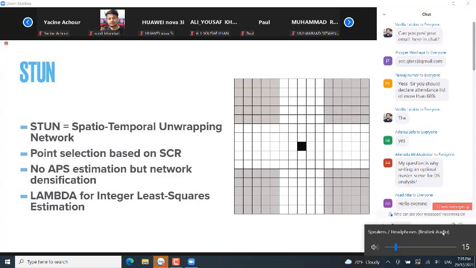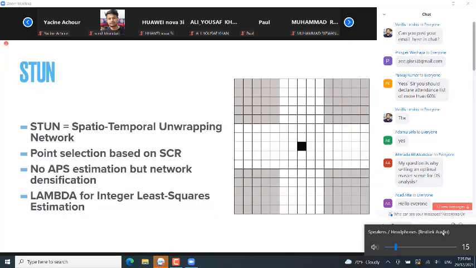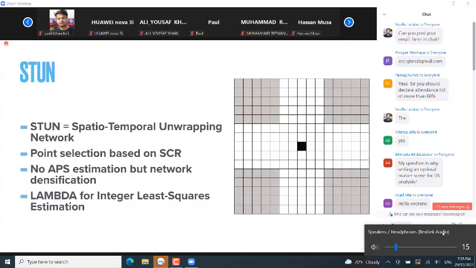So instead of the amplitude dispersion index, the points are based on points with a high signal to clutter ratio. That works as well. It is also a very solid method to do that. Theoretically, I would say it's better than the amplitude dispersion index, but there are practical problems with it.